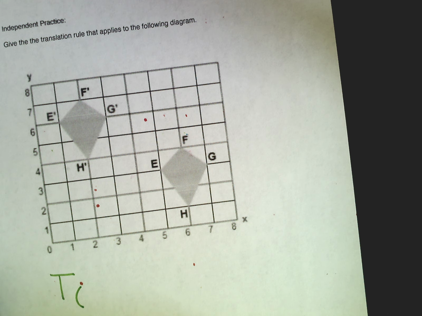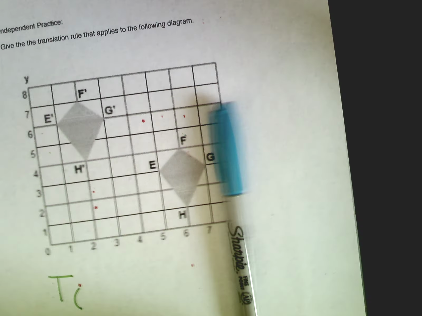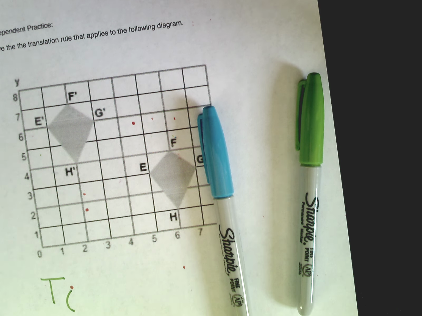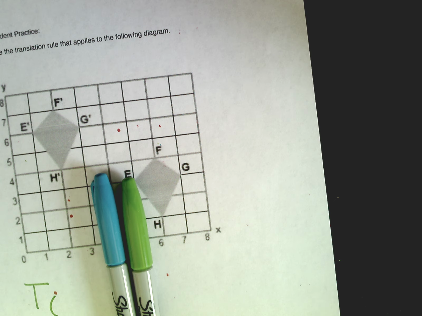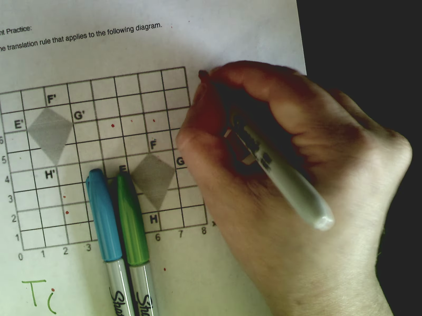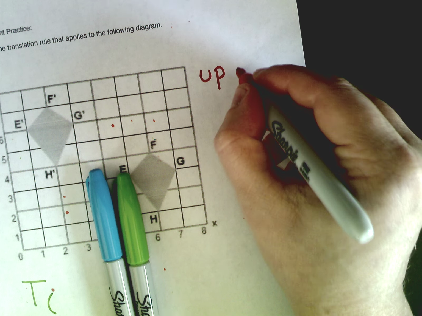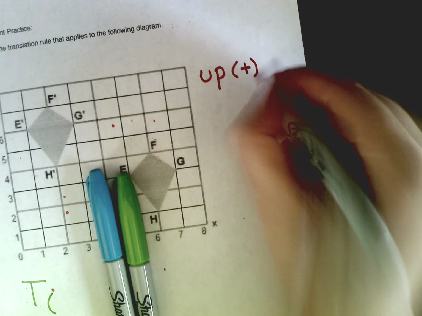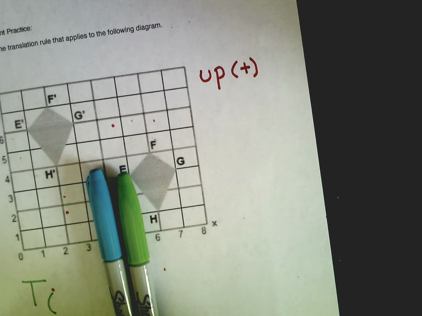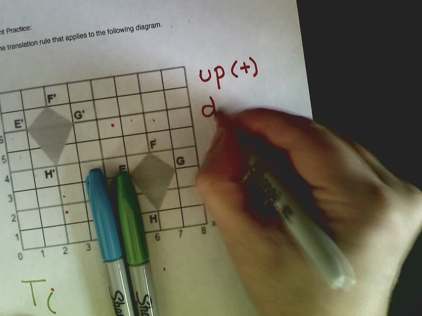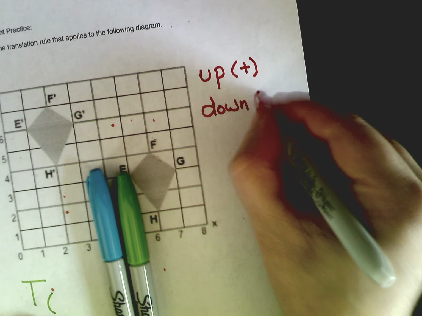I'm going to use blue for up and down. I'm going to use green for left to right. Okay, so I'm going to establish a rule first. Write this down. Up is positive. Down is negative.